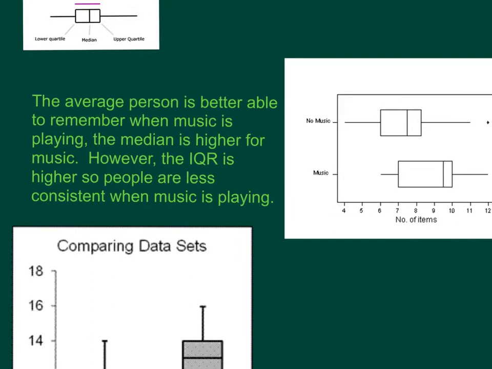The middle 50% of people, from the 25% mark up to the 75% mark, covers less distance. It's between 6 and 8 things to remember, whereas here it's 7 and 10. So you're more consistent if you haven't got music playing, but you are less likely to be good at remembering in the first place. So my comment here is, however, the interquartile range is higher, so people are less consistent.